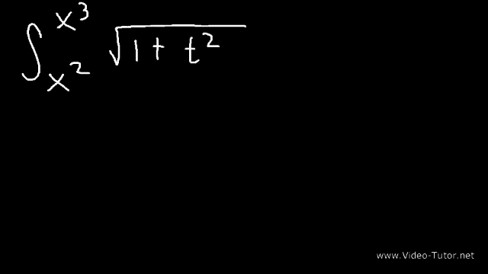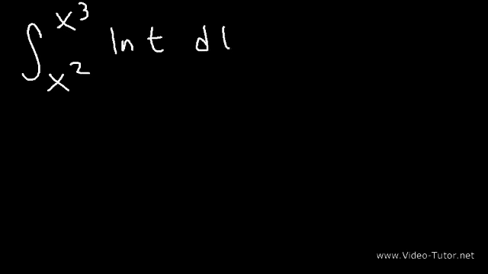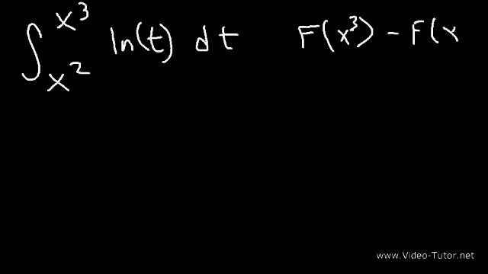Now what if you have something that looks like this? Let's say x squared to x cubed of 1 plus t squared. Actually, let's use a different function. Let's use the natural log of t. So keep in mind there's two parts. You're going to have F of x cubed minus F of x squared.